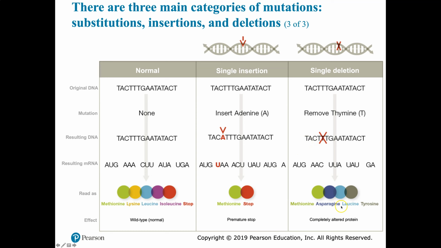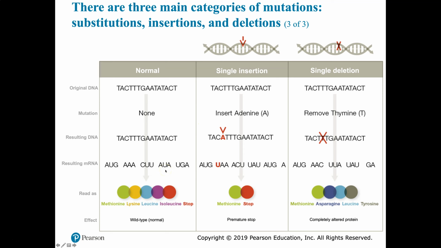And you can see, look at the amino acids that are coded for. They are very different. Methionine stays the same, but then you have asparagine and then leucine and then tyrosine, whereas you would have lysine, leucine, isoleucine. So pretty different.